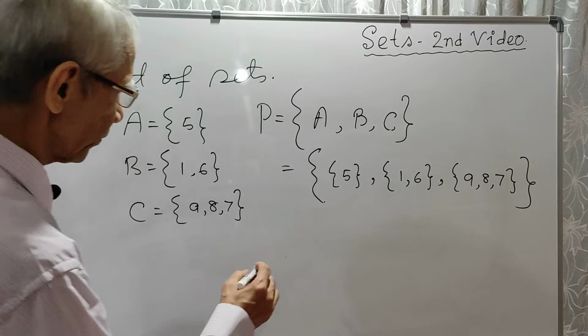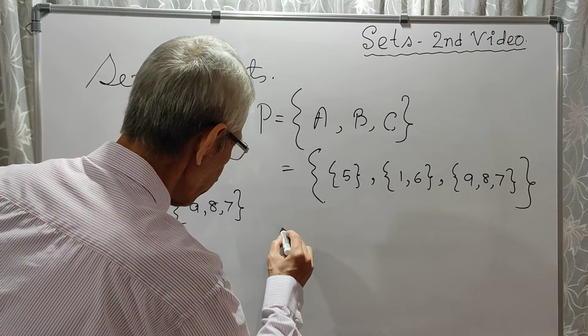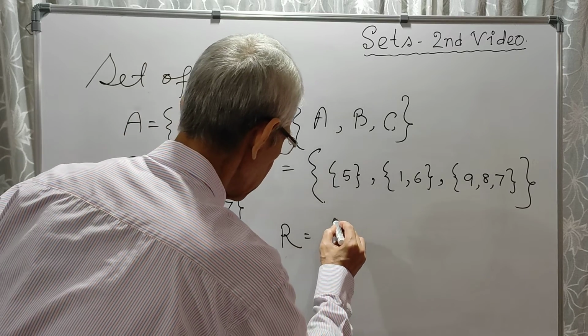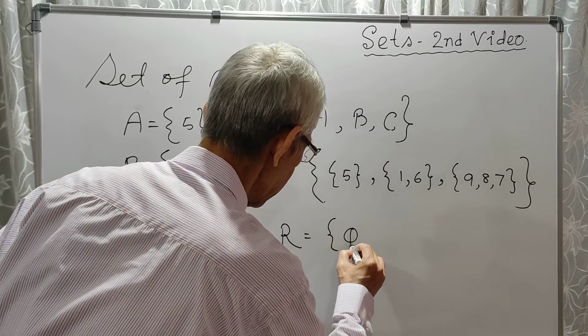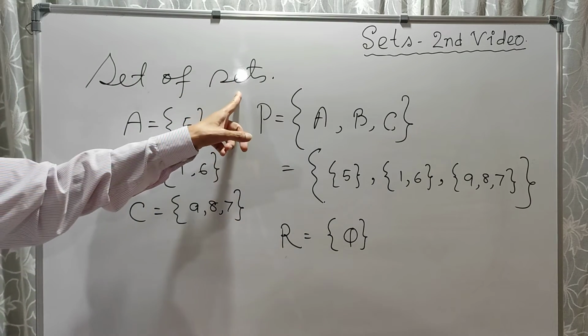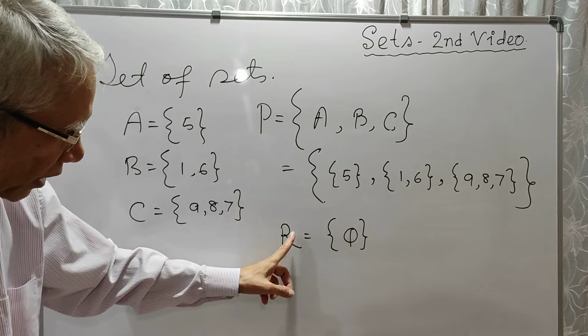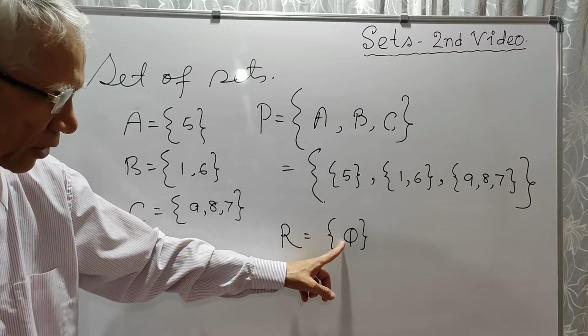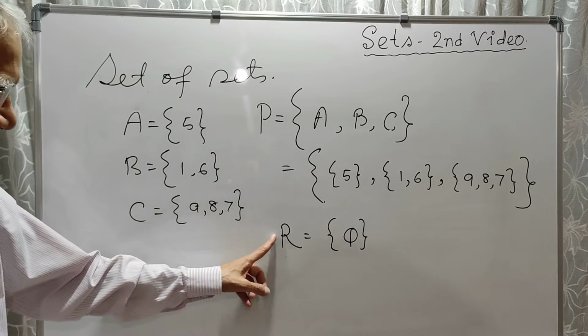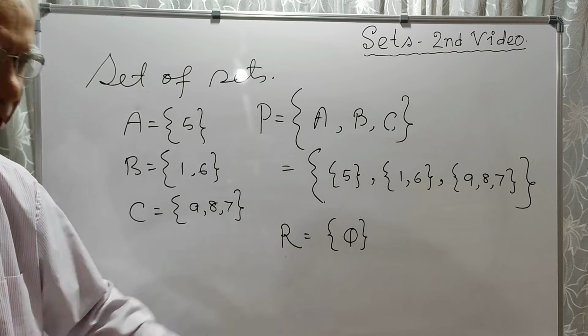Similarly, suppose another set, R. R is also a set of sets, because R is a set containing one element, phi, and phi itself is a set. Therefore R is a set of sets. Which set? The null set.